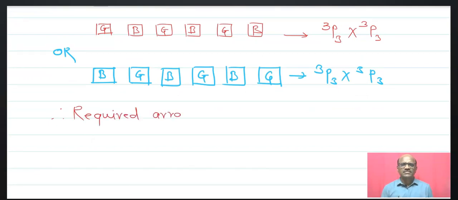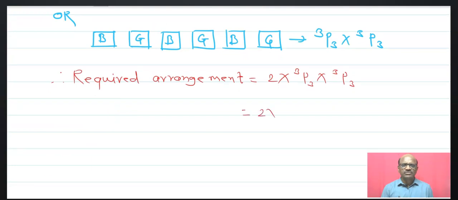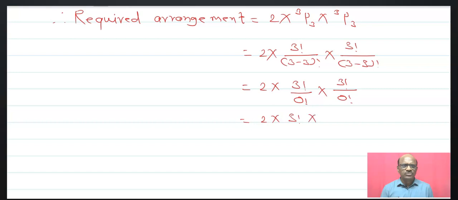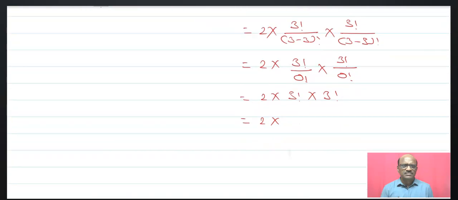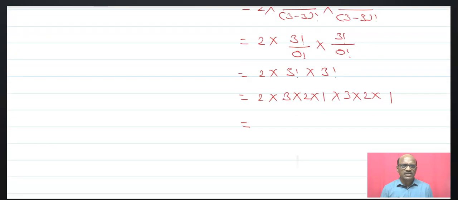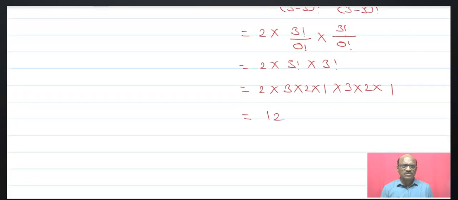Therefore, the required arrangement is equal to 2 into 3P3 into 3P3, if you add these two. That is equal to 2 into 3 factorial upon 3 minus 3 factorial into 3 factorial upon 3 minus 3 factorial, that is equal to 2 into 3 factorial into 3 factorial, that is 2 into 3 into 2 into 1, 3 into 2 into 1.